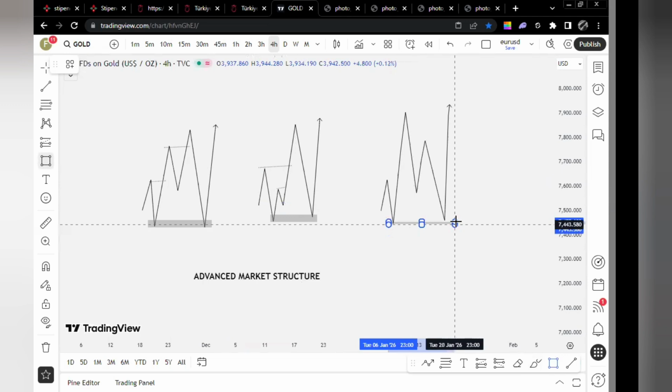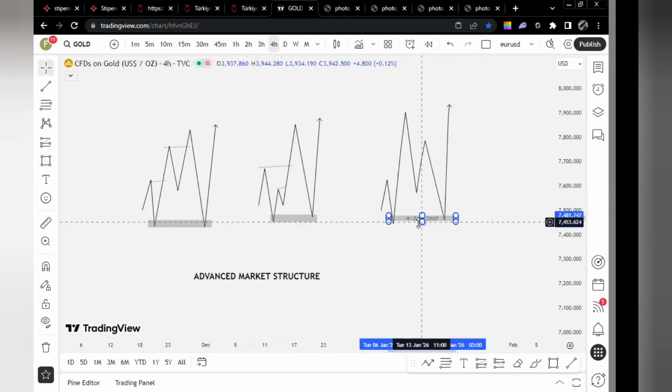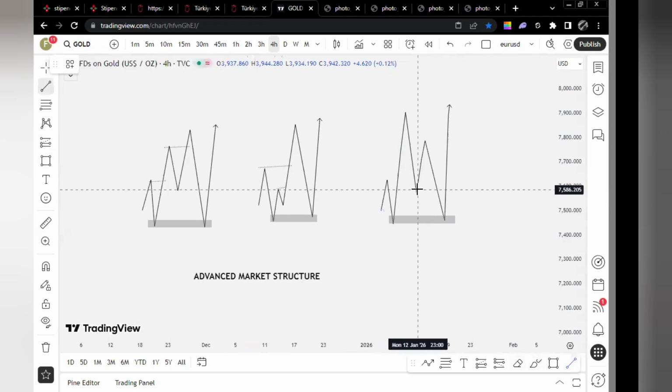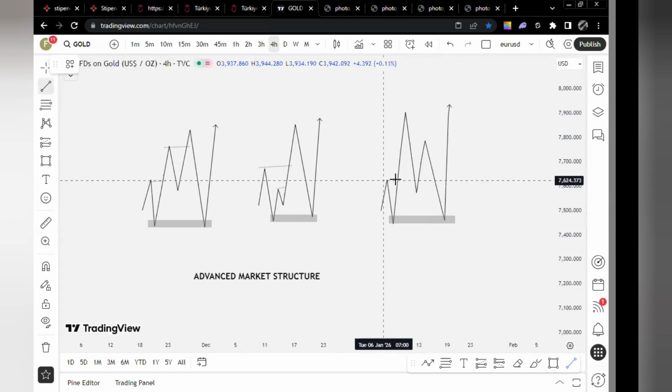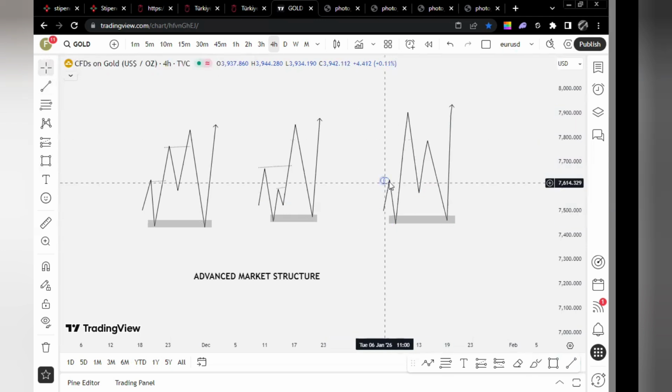And then you have your type C. You just have one break of structure. But what happens here? Price gives you a form of liquidity here. Remember, this pullback is liquidity. This is called engineered liquidity. I didn't mention it before, but type C, price needs to engineer liquidity.